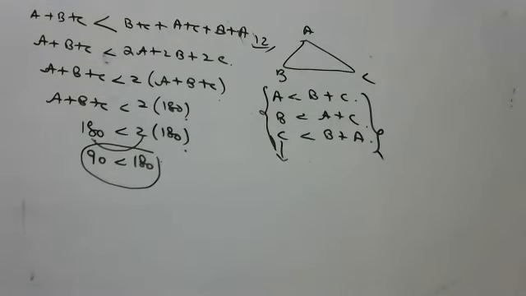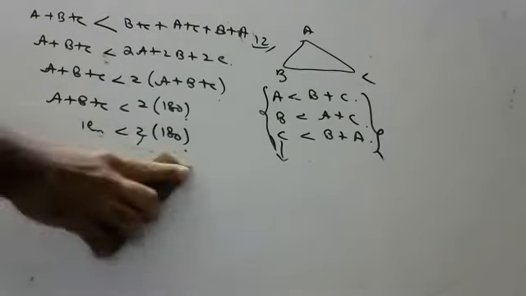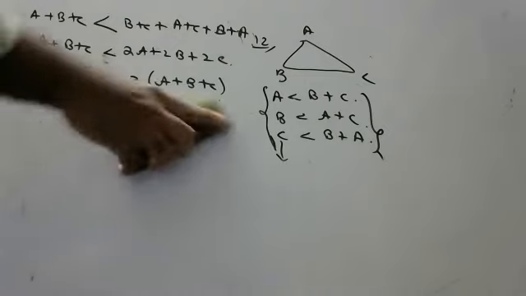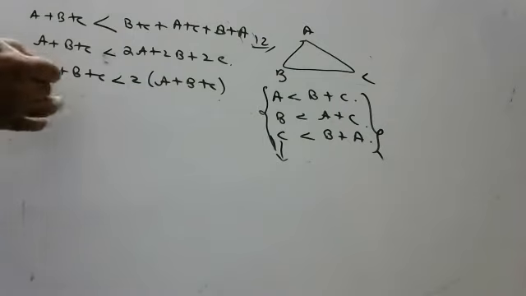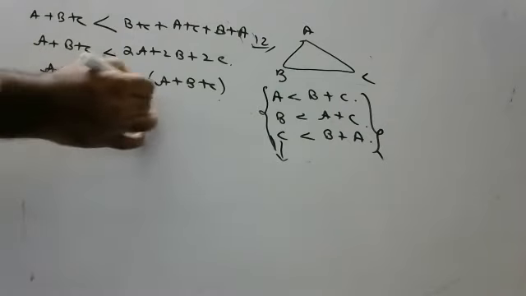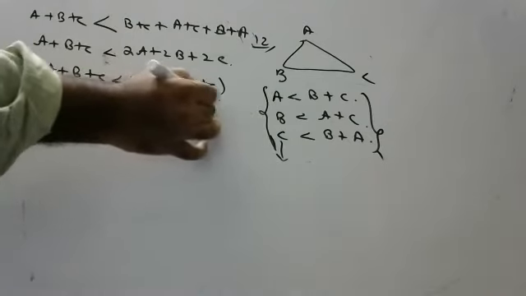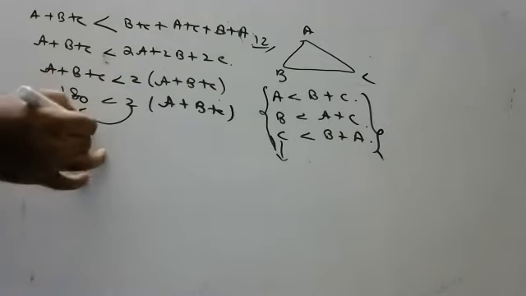Each angle is less than the sum of the other. This comes here. 90.